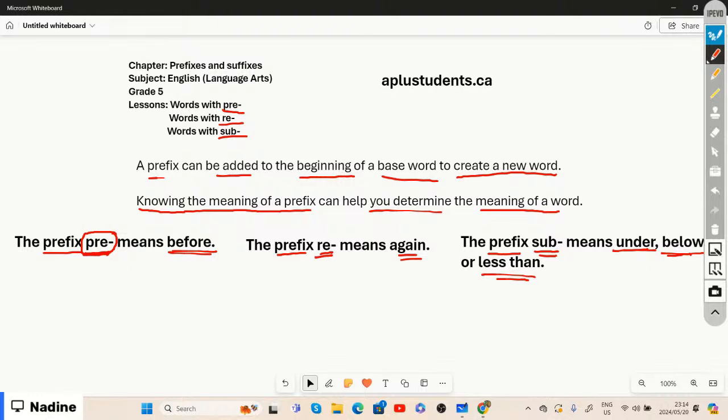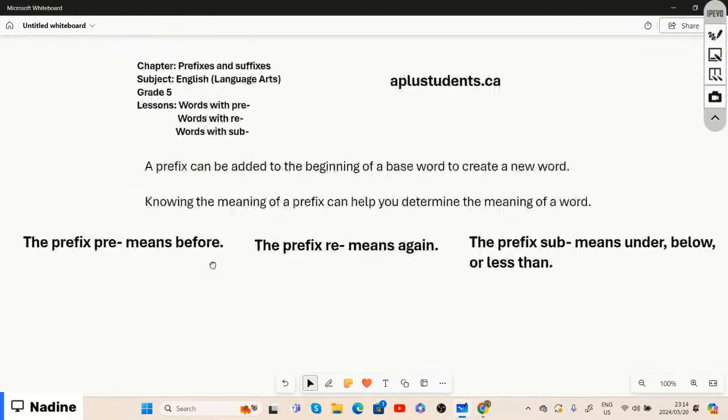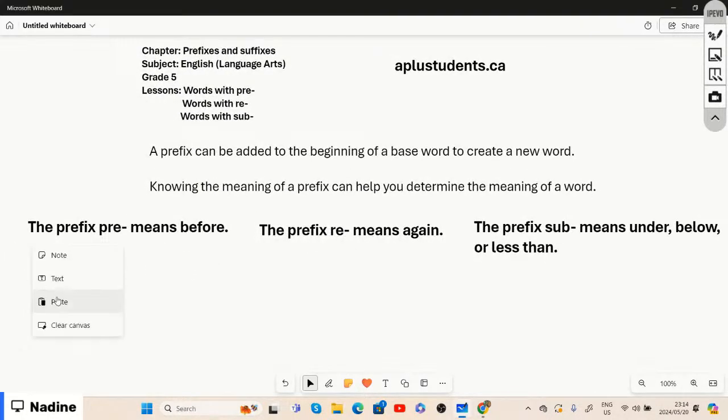Let me type the word preview. So pre, then we have preview, right?